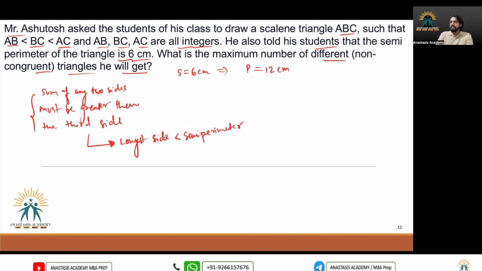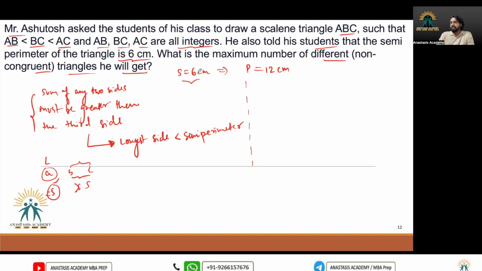Because I'm assuming that the longest side is A, and the other sides are B and C. If A is equal to the semi-perimeter, then the other two sides must also sum to the semi-perimeter, and in this case the triangle cannot exist, because the sum of these two sides must be greater than the third side. So if the length of the longest side is S, then B plus C must be greater than S. This is the way to solve these questions.